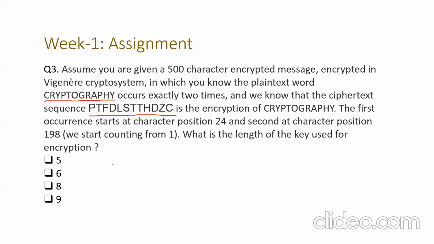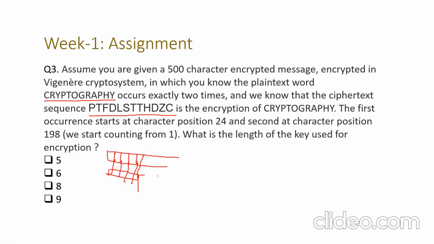So as I just discussed in question 1, what is the Vigenère cipher? You have an English text, and you have some fixed length key, right? You repeat the key values, right?